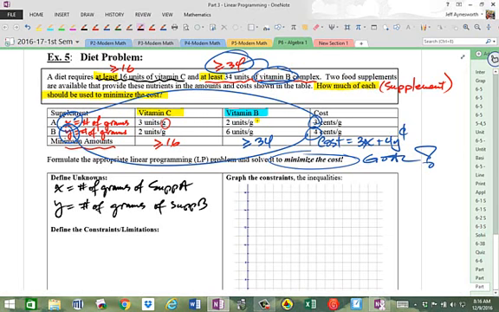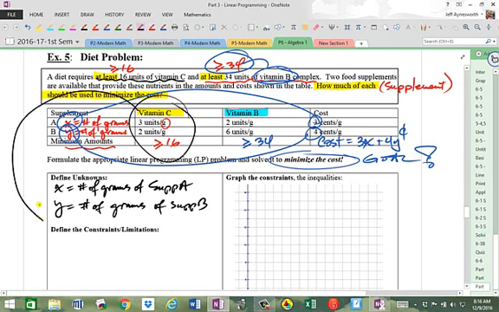Now our constraints. We have a constraint on vitamin C. We need at least 16 units of it. Our first constraint is on vitamin C, and our second constraint is on vitamin B. We'll do that in a minute. Look vertically now; this is organized a little differently than our last problem.